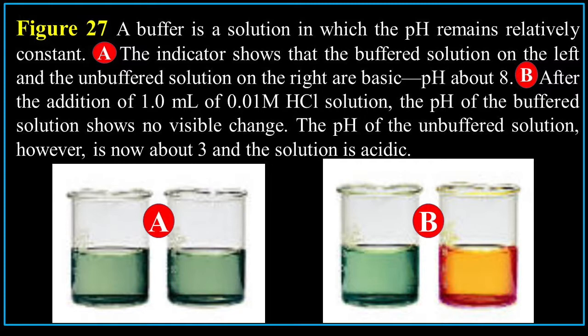B. After the addition of 1 milliliter of 0.01 molar HCl solution, the pH of the buffered solution shows no visible change, yet the pH of the unbuffered solution is now about 3, and the solution is acidic. So a buffer will maintain the integrity of the pH of a system.